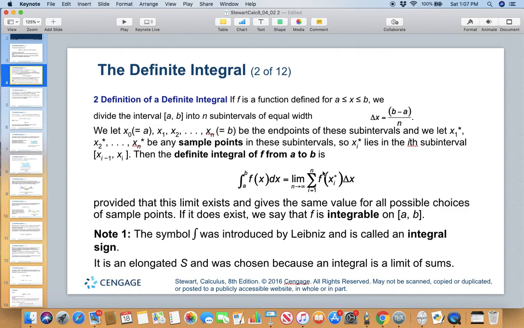Remember, each of these products is the area of a rectangle, width times height. Summation means take the sum of all these areas. Limit as n approaches infinity means take many more rectangles, that is thinner and thinner rectangles, and find the limit of that. That is called your integral.